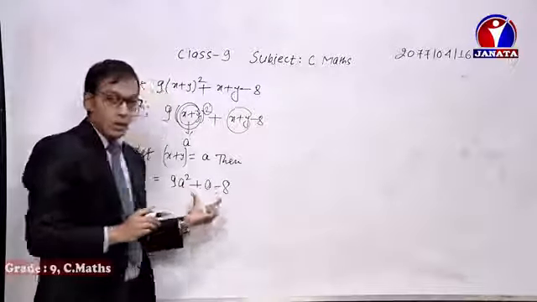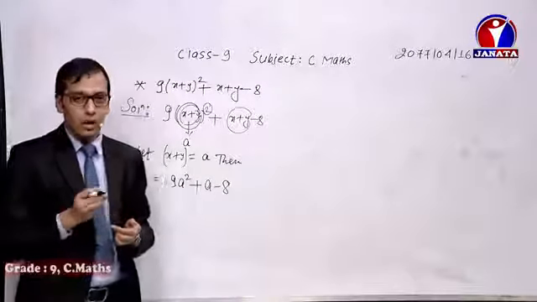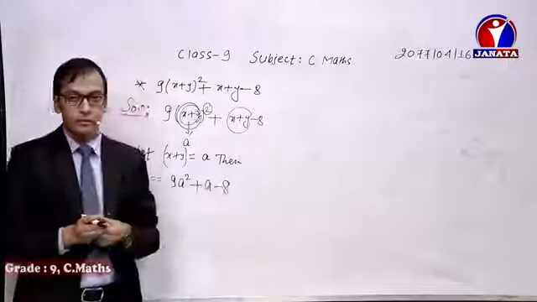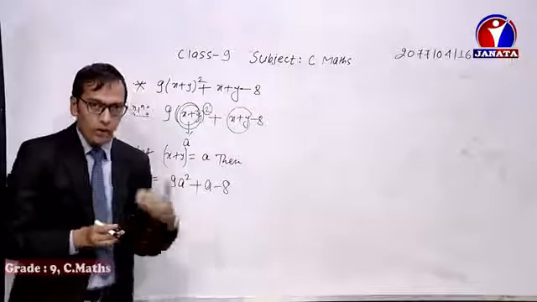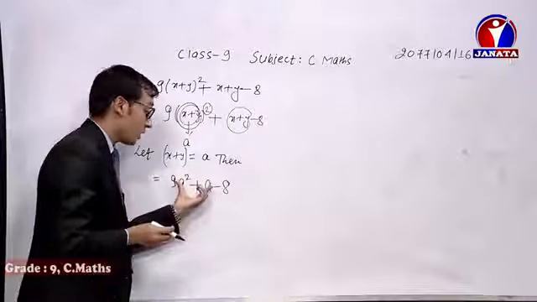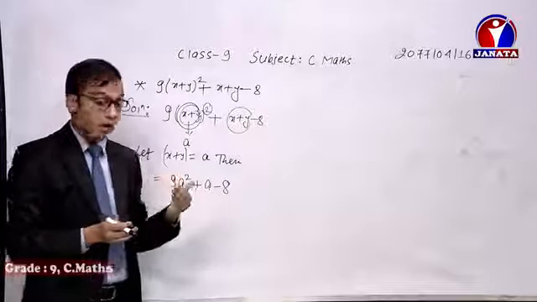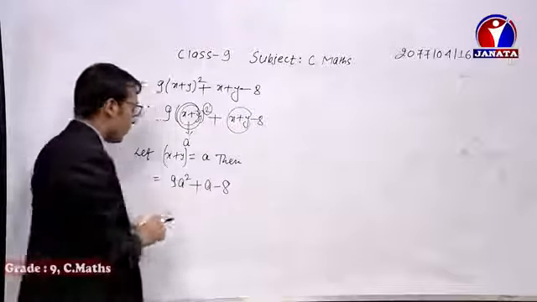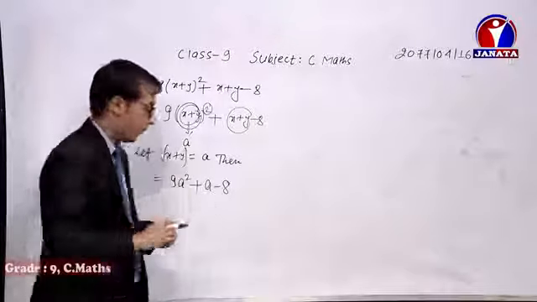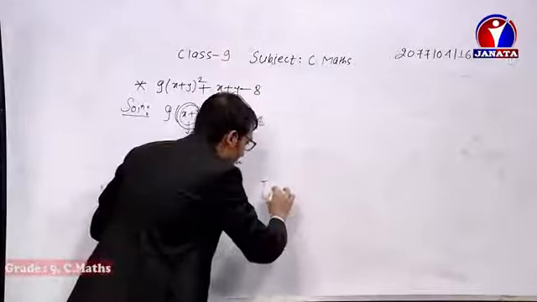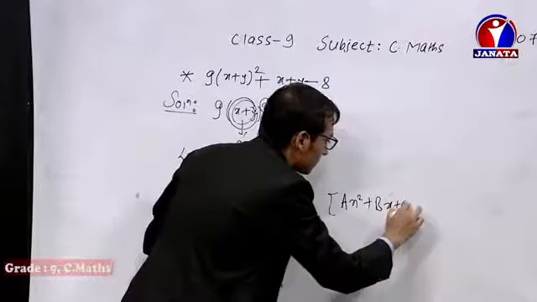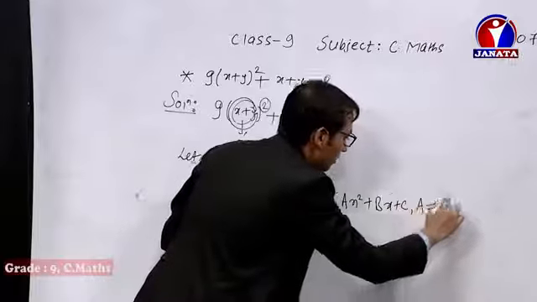Now this expression has 3 terms, 9a square plus a minus 8. Just before, we discussed and learned how to factorize such expressions if it has 3 terms and is in the form of a quadratic, ax square plus bx plus c, where a is not 0.